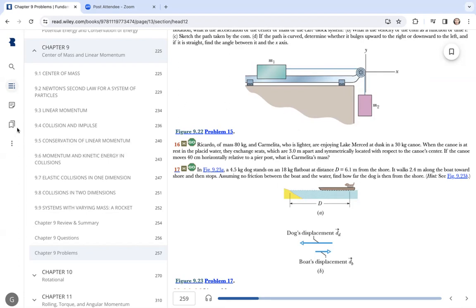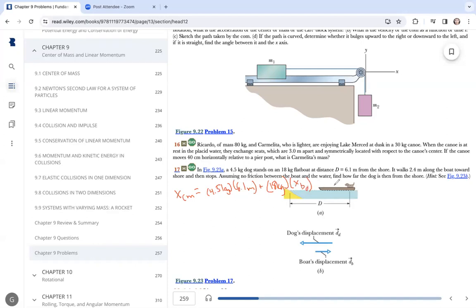But I guess a good way to do this is you figure out what the initial center of mass is. X center of mass initially is going to be 4.5 kilograms times 6.1 meters plus 18 kilograms times the initial position of the boat, XB initial.